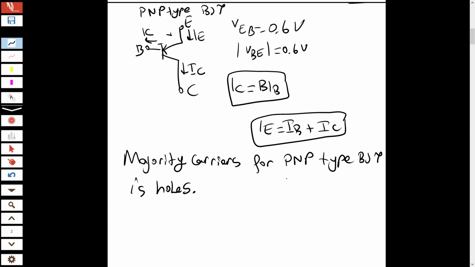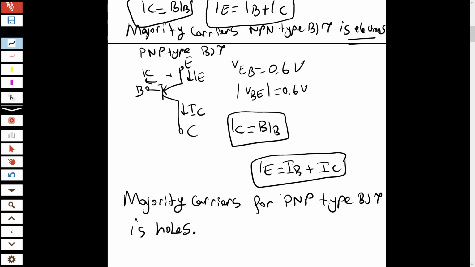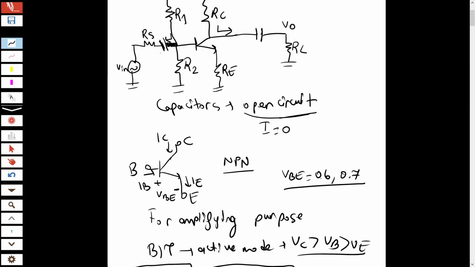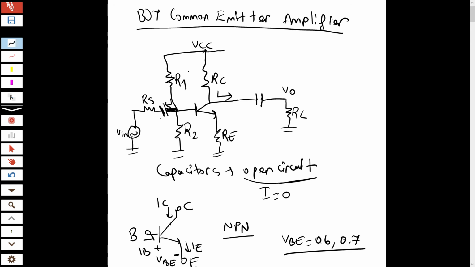Okay. Now you have all the knowledge to make the DC analysis of this circuit. So if we replace capacitors as open circuit for the DC case, my circuit becomes like this.